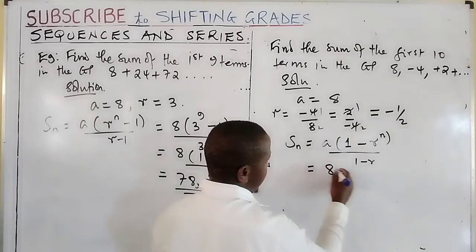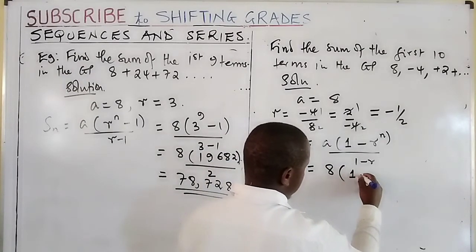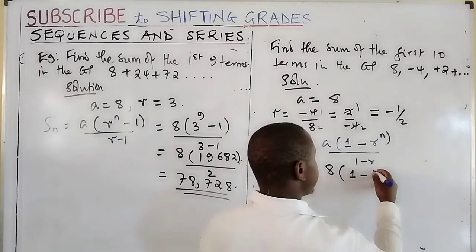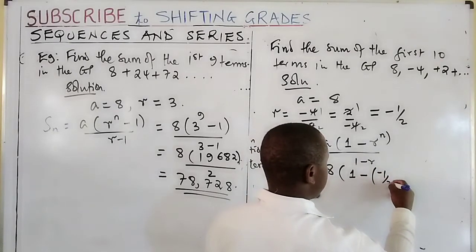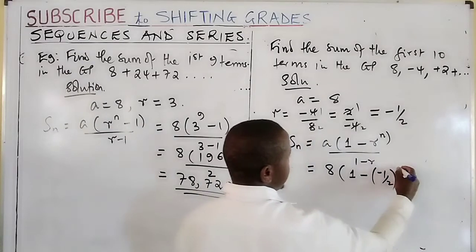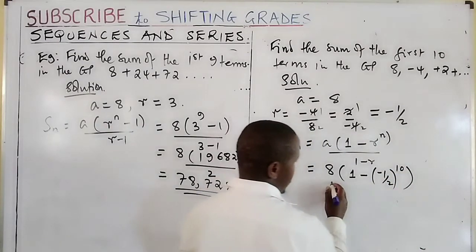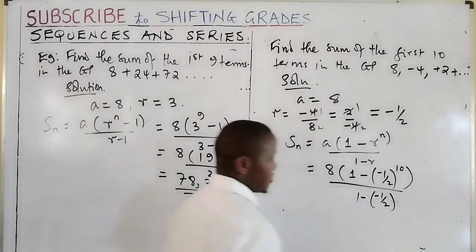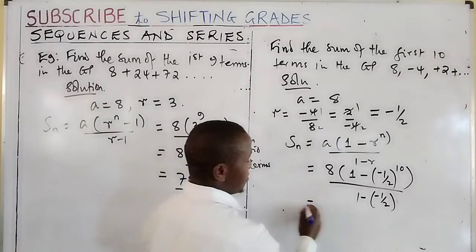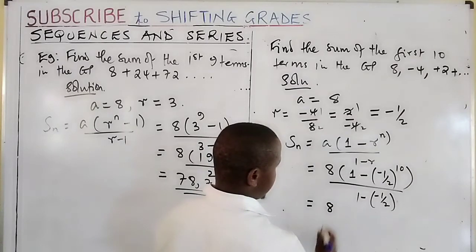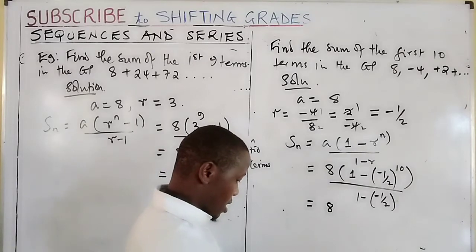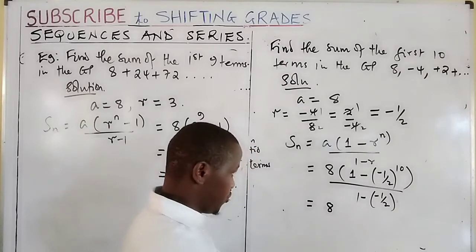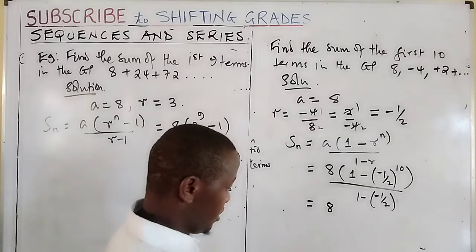So we take the first term, 8, and 1 minus the common ratio, which is negative half, raised to 10 because we are dealing with the first 10 terms, all divided by 1 minus negative half.